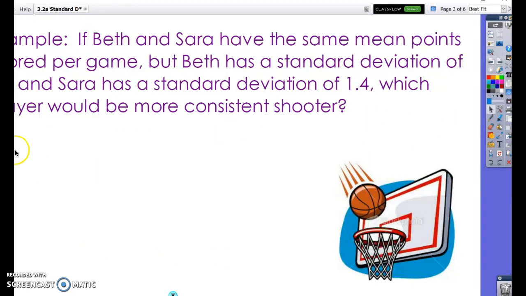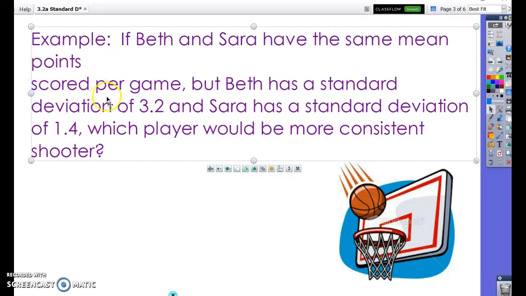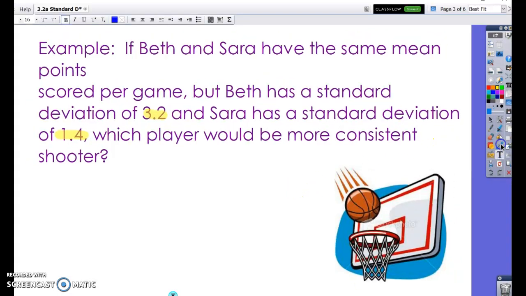So here's our first example. If Beth and Sarah have the same mean points scored per game, so they have the same average points scored per basketball game, but Beth has a standard deviation of 3.2 and Sarah has a standard deviation of 1.4, which player would be the more consistent shooter?